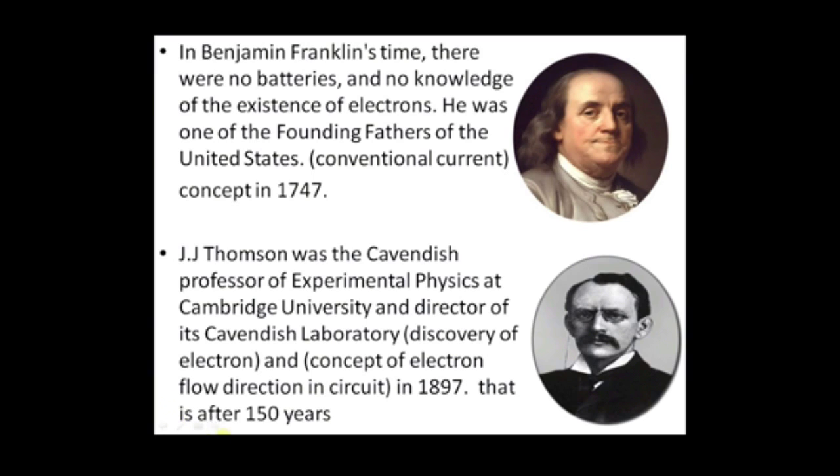That is 150 years after conventional current was used. That means we were using the concept of conventional current for 150 years, and J.J. Thomson brought an end to that concept.